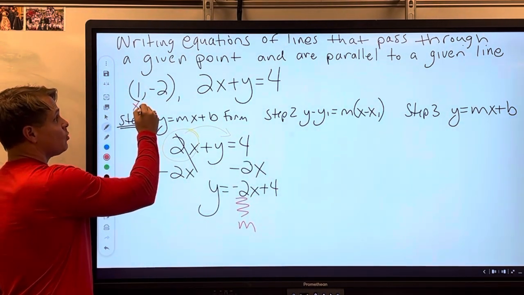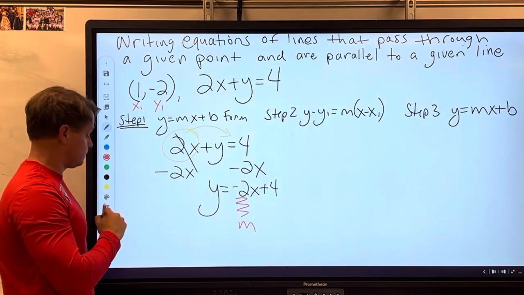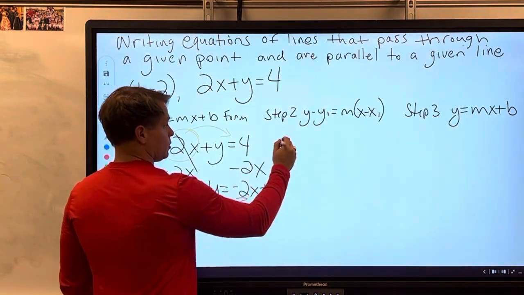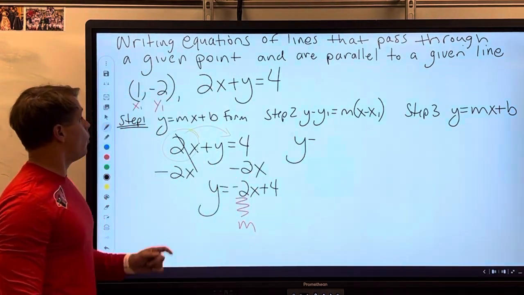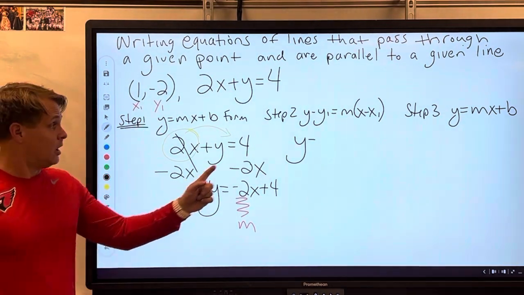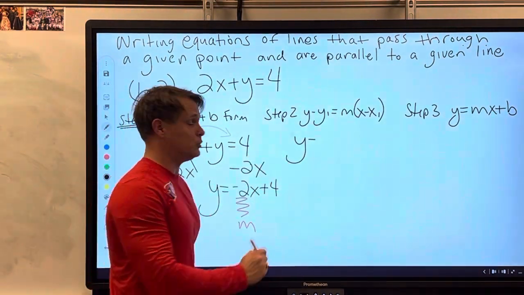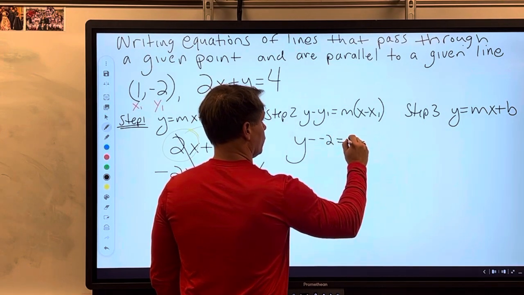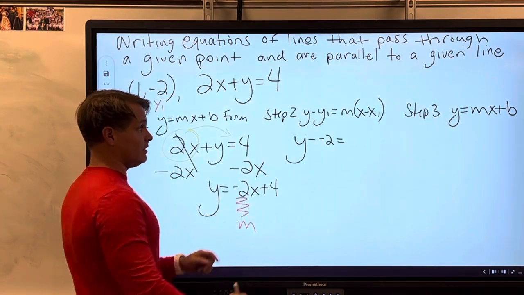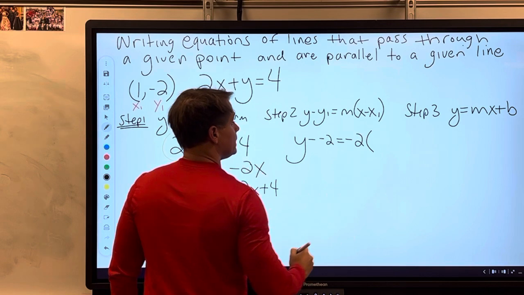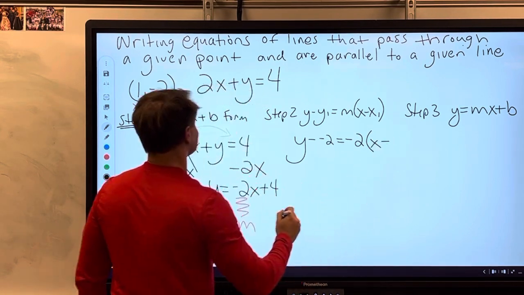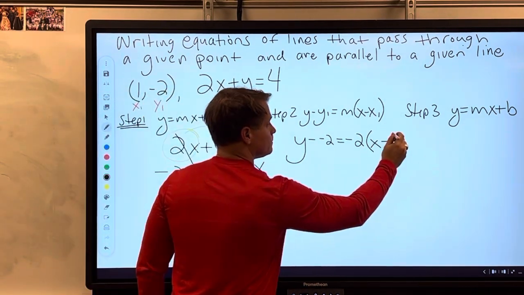I know what my x1 and my y1 is right here. So y minus y1 is -2, so it's going to be y minus -2 equals, the slope is -2, and then I got x minus x1 is 1.